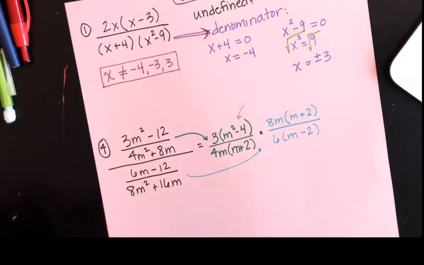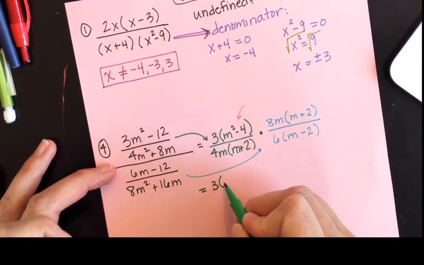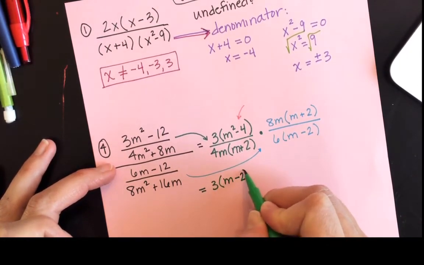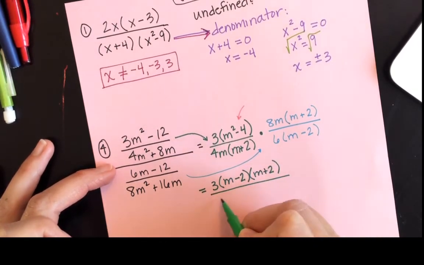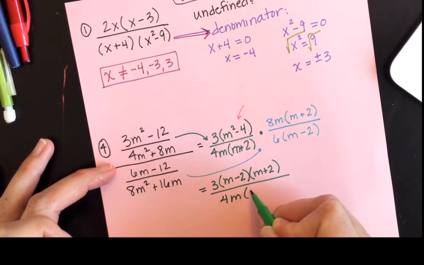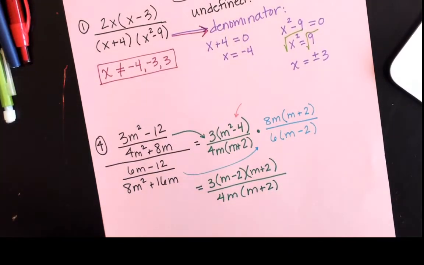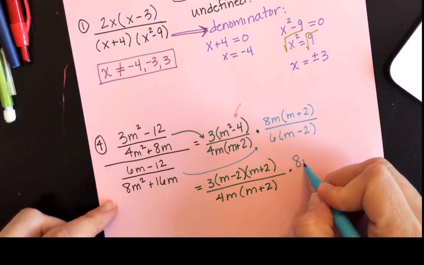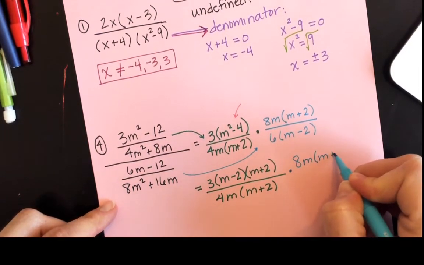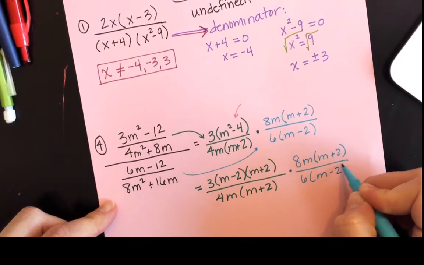So in the next one, I need to factor this to m minus 2 and m plus 2. The bottom would now be 4m times m plus 2. We end up over here with 8m and then m plus 2 and 6 times m minus 2.